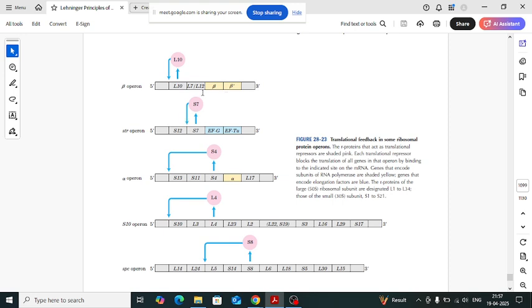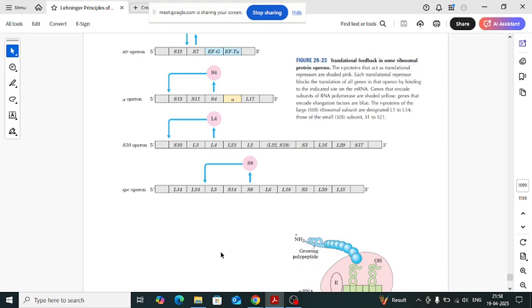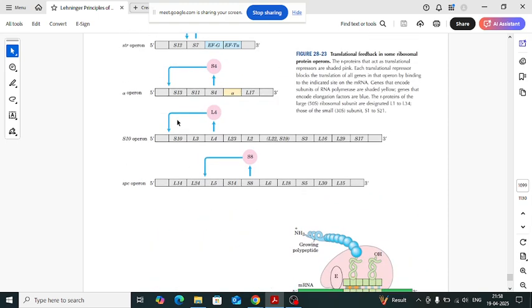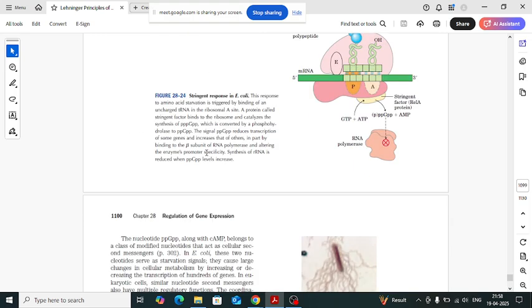S7 is the repressor of EFG and EF2, which are elongation factors. In the alpha operon, S4 is the repressor, which blocks the translation of alpha, a subunit of the RNA polymerase. There is also the SPC operon, where S8 is the repressor, and L4 is the repressor for the S10 operon.